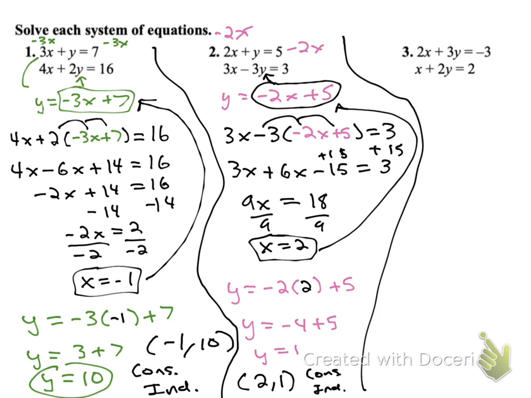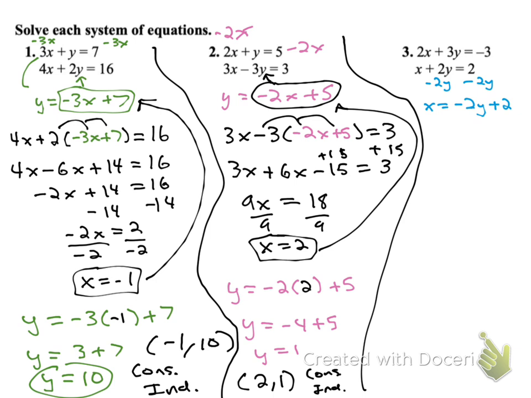Okay. Do number 3, substitution. On number 3, the easiest thing to do is isolate that x in the second equation, which will give you x equals negative 2y plus 2.